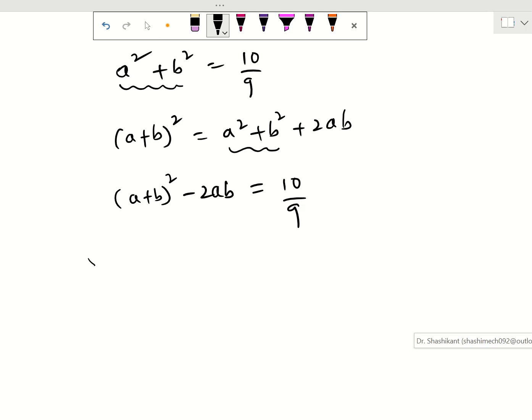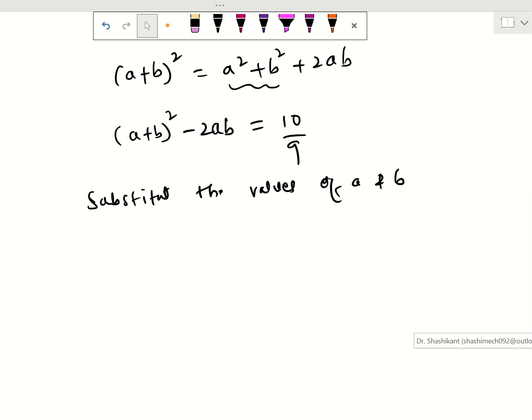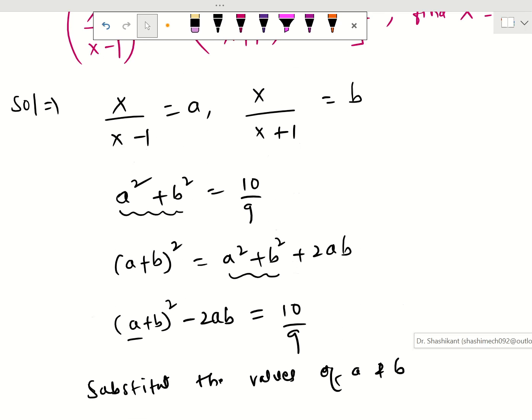So now again I am substituting the values of a and b, as we previously considered. Here the simplification is over, and we are going back to the original values. The a value is x over x minus 1, as we have considered.